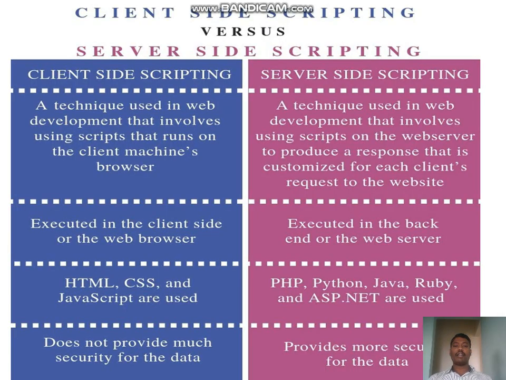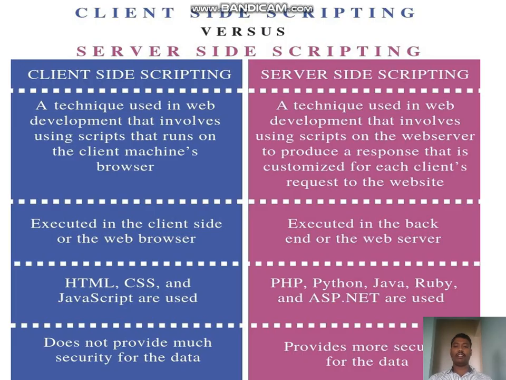Difference between client-side scripting and server-side scripting. First difference: client-side scripting is a technique used in web development that involves using scripts that run on the client machine's browser. Server-side scripting is a technique that involves using scripts on the web server to produce a response customized for each client's request to the website.